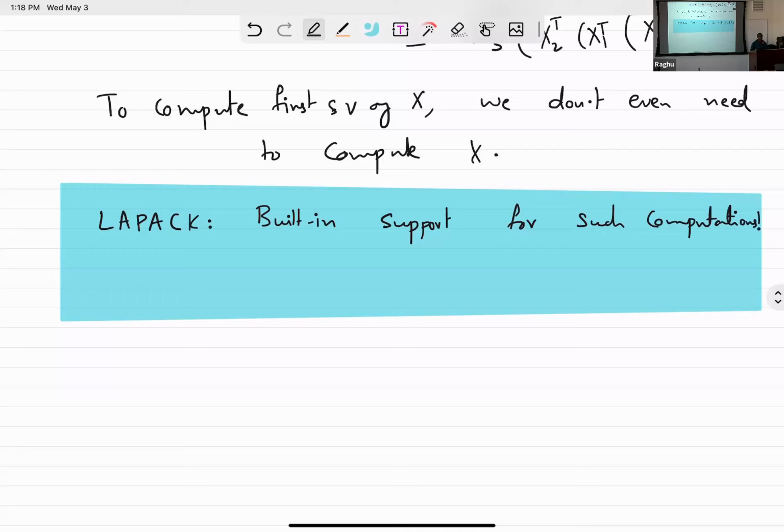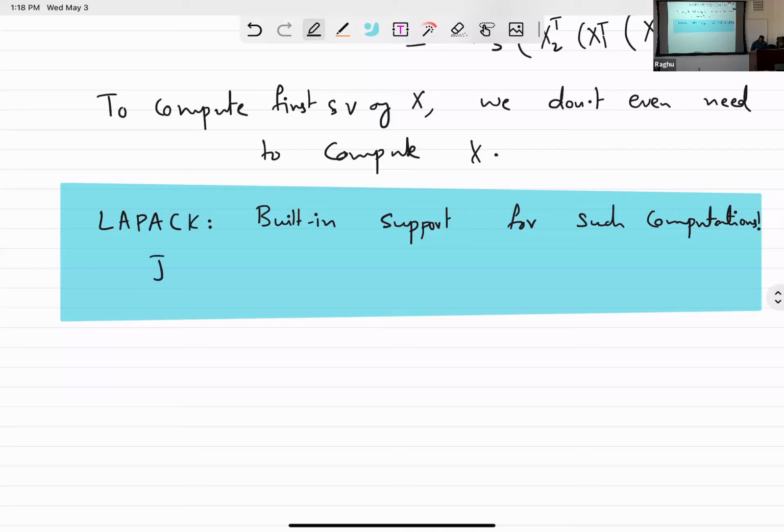So you don't have to pass in a matrix x to it. You can say, hi, here's a function handle, which takes a vector and computes a matrix vector product. As long as I can do that, I can compute the singular vector.